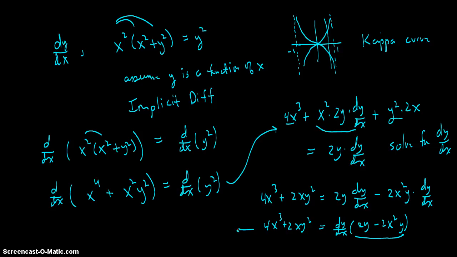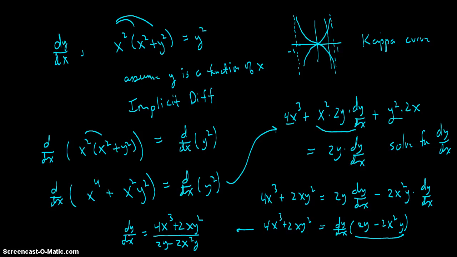Let's put that over here. It's going to be dy/dx equals the left side just stays on the top, 4x cubed plus 2xy squared, and then divide through by what's in the parentheses, that's 2y minus 2x squared y.